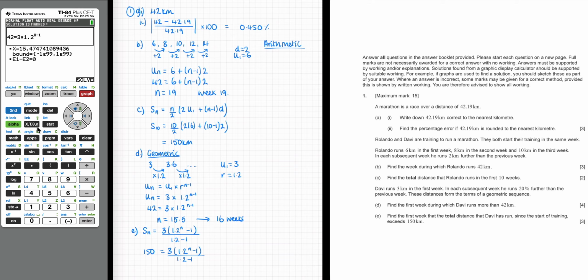So now I'm going to go to my numeric solver, same as I've done each time. And this time I want to know when is 150, and it's 3 times, in fact, let's do a fraction here.